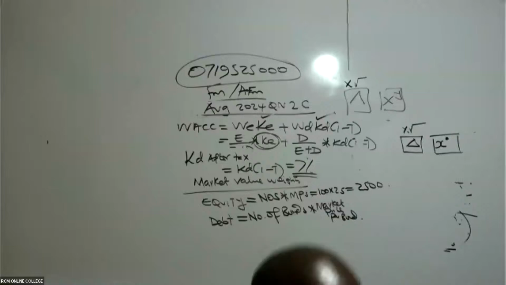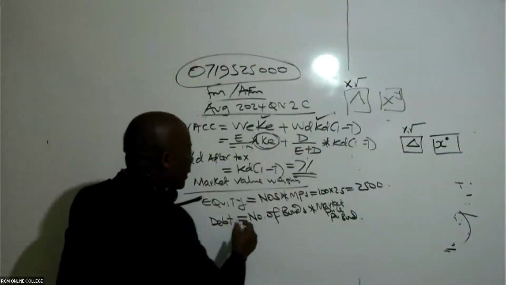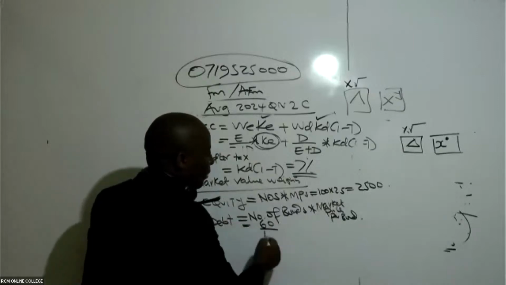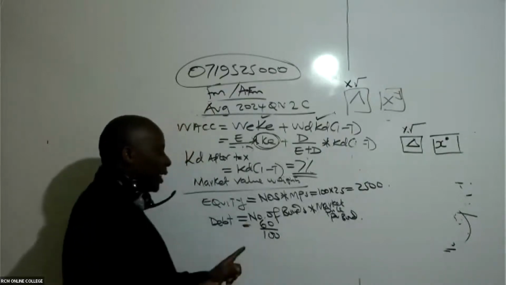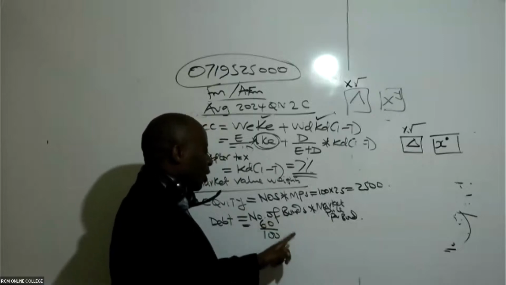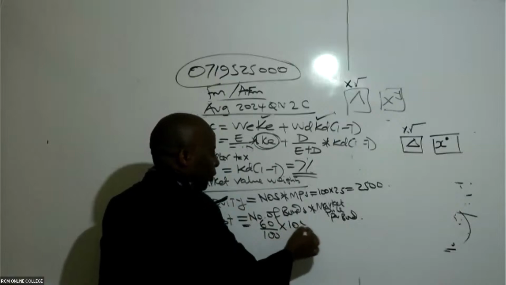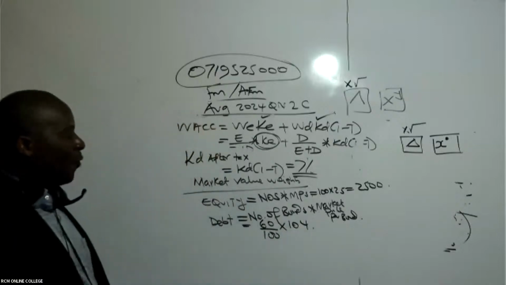What I will do, ladies and gentlemen, to be able to get number of bonds, I will take the bond value, which is 60, divided by the par value, times the market value, which is 104.